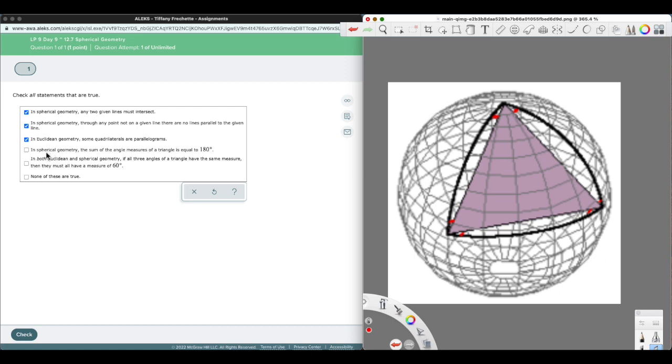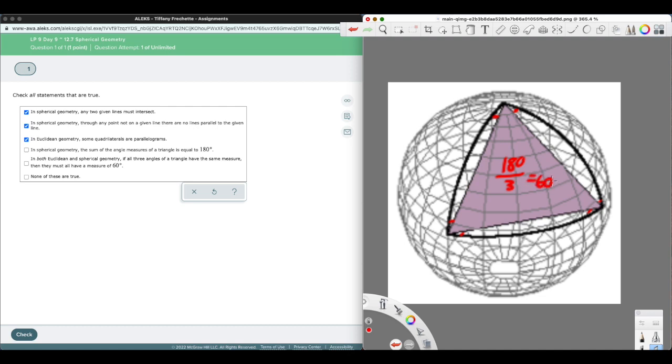In both Euclidean and spherical geometry, if all three angles of a triangle have the same measure, they must all measure 60 degrees. Ooh, this is a test on that same idea. Because if all three are the same, and we know that it's 180 degrees for Euclidean geometry, then I would divide by 3 and I would get 60.